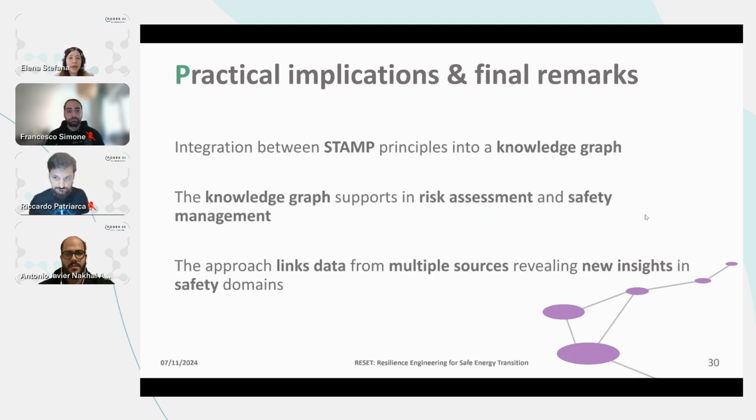So we want to highlight the possibility to integrate the strengths of the STAMP principles into a knowledge graph, and the use of this knowledge graph in support of risk assessment and safety risk management.